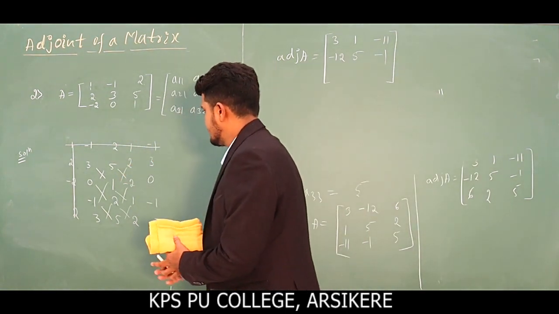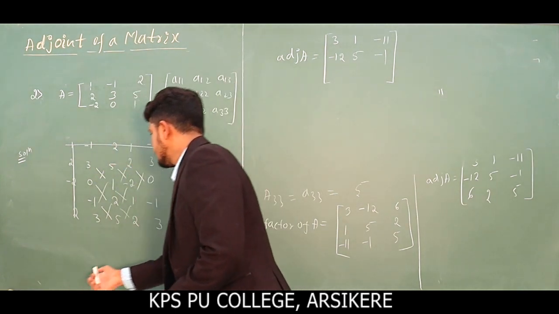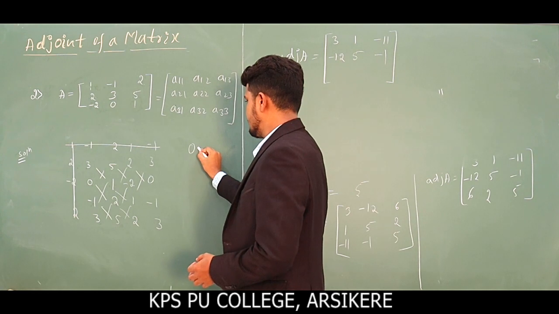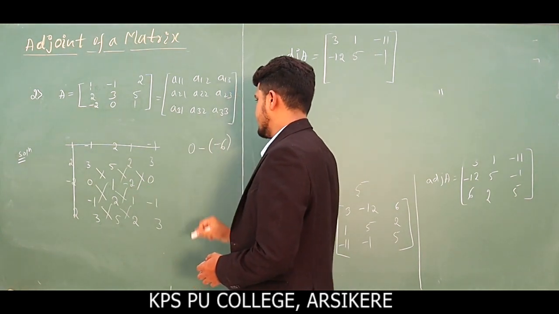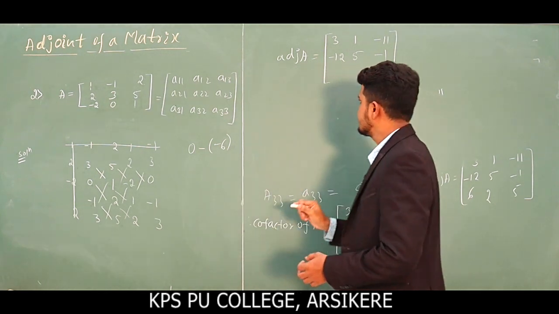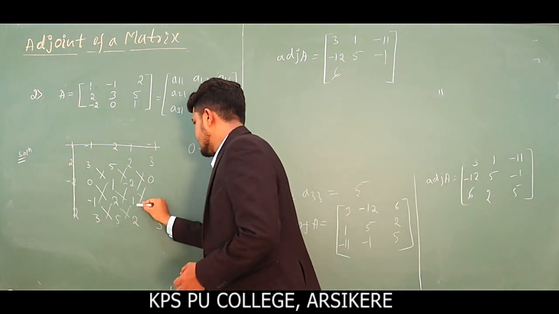So next step. So 2 × 0 is 0 minus -2 × 3 which is -6. So minus into minus is +6. Next -2 × -1 is +2 minus 0, so 2.